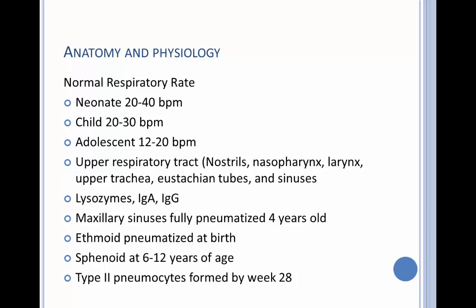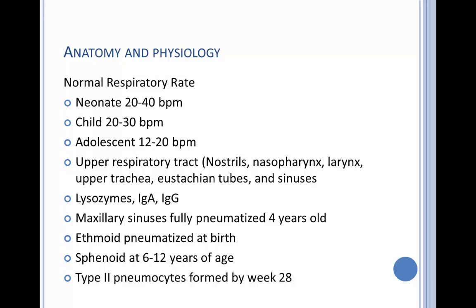Let's talk about the possible signs and symptoms and normal respiratory rate. Respiratory rate, just like heart rate, is the single way in which young children are able to effectively improve their cardiac output. An increased respiratory rate may be the only sign of increased work of breathing.